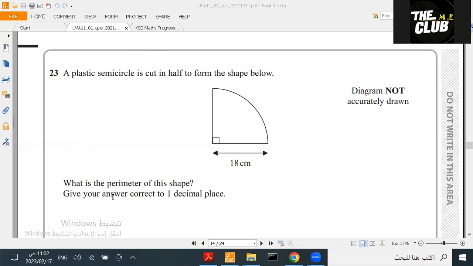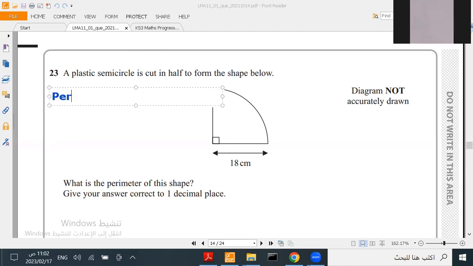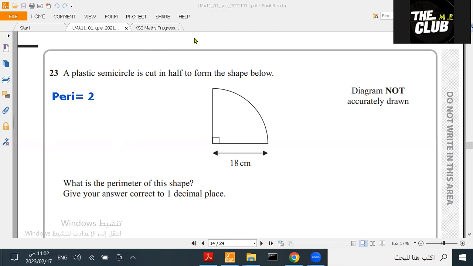We will work with the perimeter formula, which is the circumference formula. What is the circumference formula? 2 pi r multiplied by 1 over 4. Perimeter and circumference are the same idea.